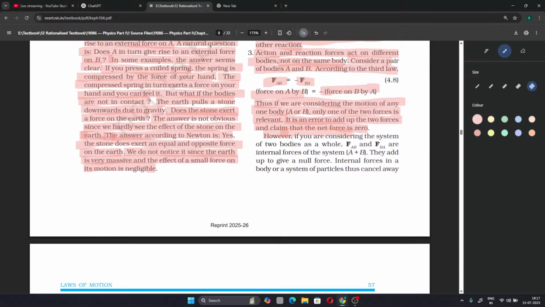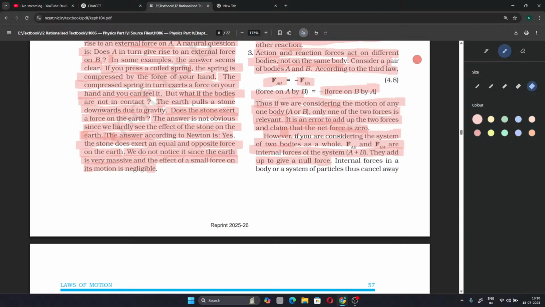However, if you are considering the system of two bodies as a whole, that is FAB and FBA are internal forces of the system A plus B, they add up to give a null force. But when we consider two different bodies, like the hands and a block, adding up the forces of the hands and the block to get zero is wrong when we consider two different systems.